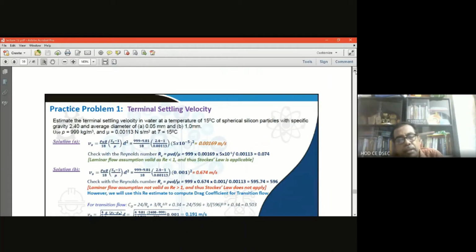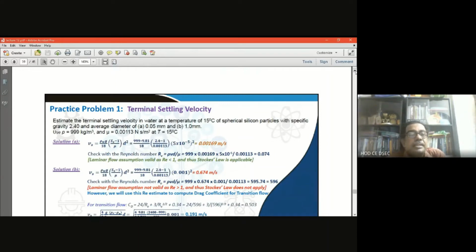And that is the fundamental law of fluid mechanics, nothing separate from environmental engineering. So that basic Stokes law we all know from fluid mechanics. So what is the rho? Rho is given as 999. What is g? 9.81, because it is an MKS system, we are going to put the values.